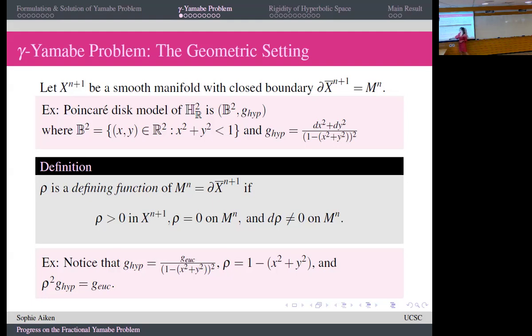So multiplying that to the other side, I have my defining function squared times the hyperbolic metric equals Euclidean. This defining function is just a special case of a conformal transformation as well. So this is showing the conformal change between the Euclidean metric and the hyperbolic metric.